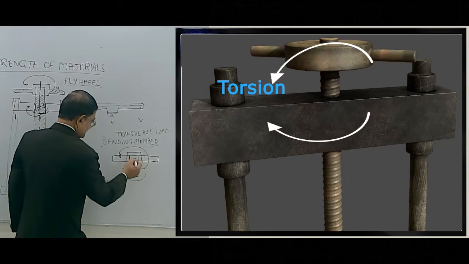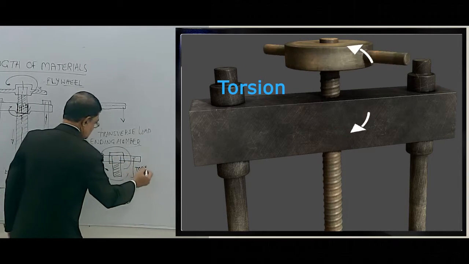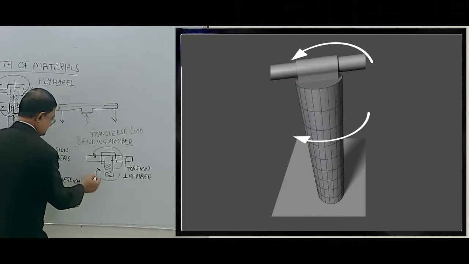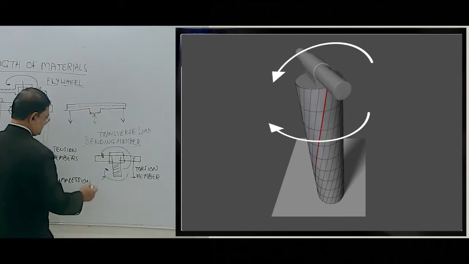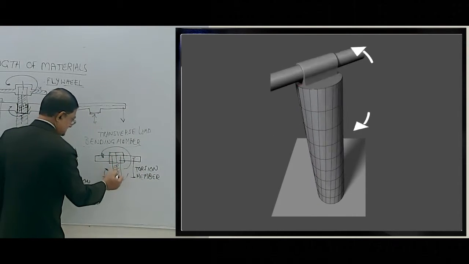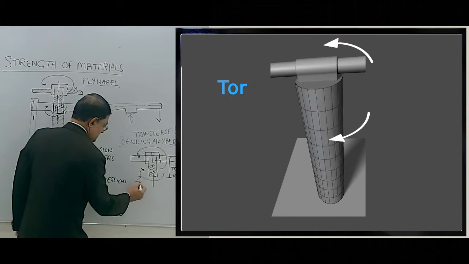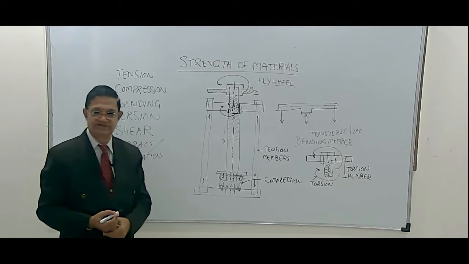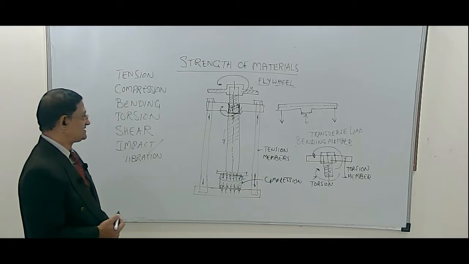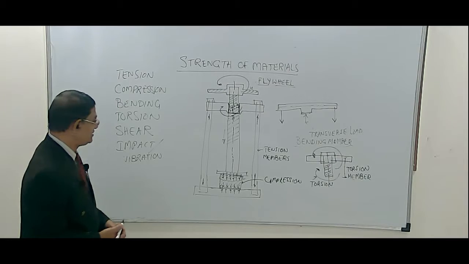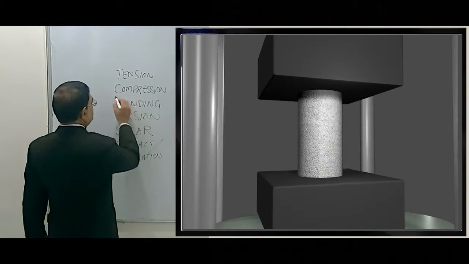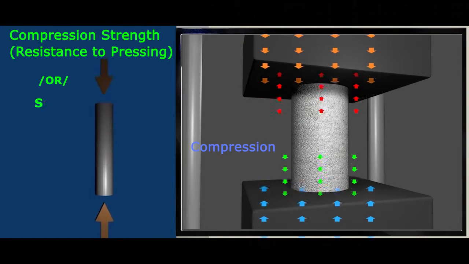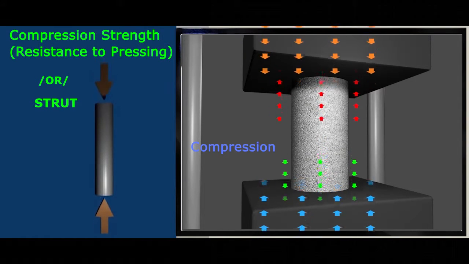This region of the shaft is subjected to torsion. It is a torsion member. This force, which is a rotational force perpendicular to the axis of the shaft, is called torsion. So, just to brief about the first four requirements of strength by the system, we have the compression, which is the strength requirement of the material which is being pressed.